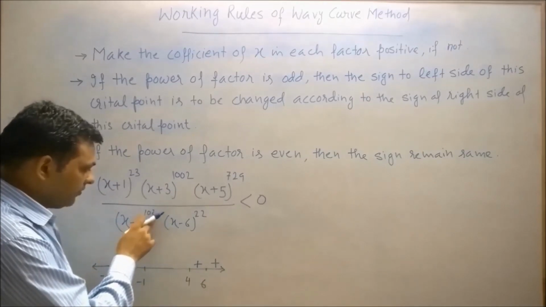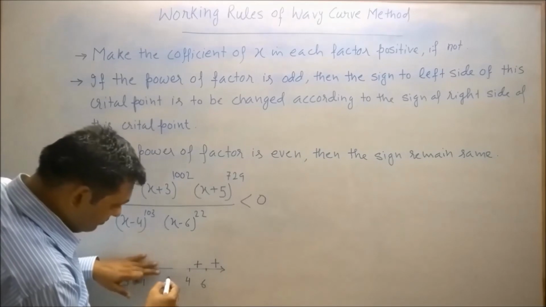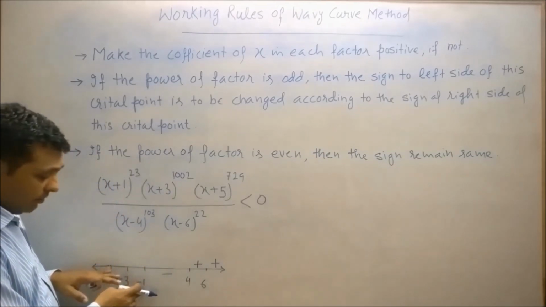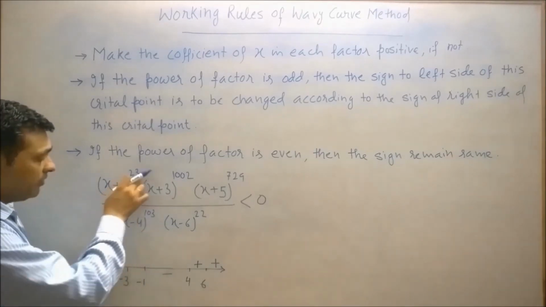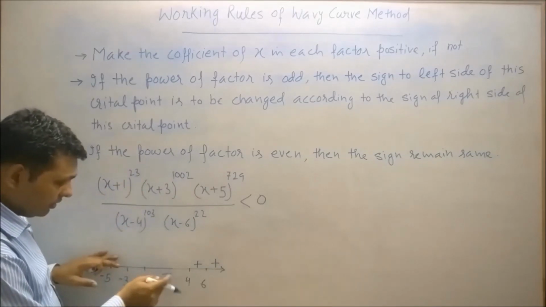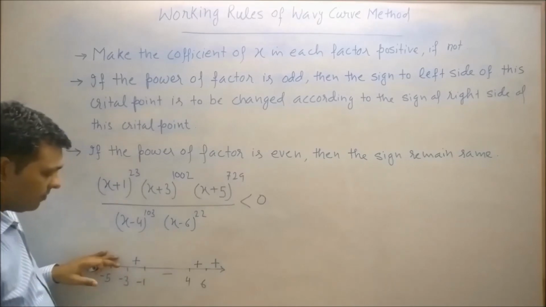Here the power of this factor is odd, then the sign will be reversed. Now check this critical point, x equals minus 1. Here the power of this factor is also odd, the sign will be changed. Here the sign is negative, so here the sign will be positive.